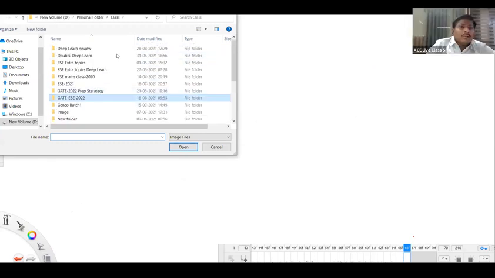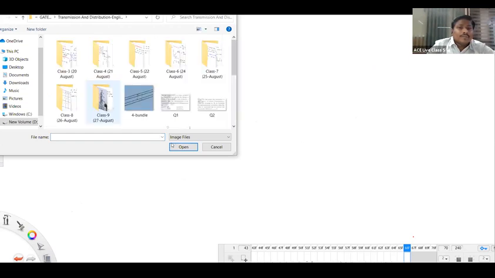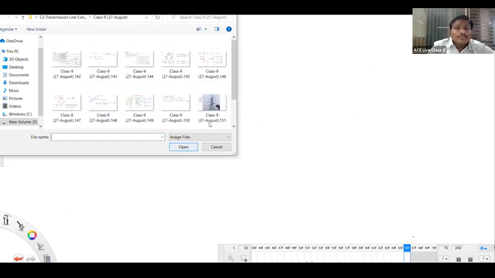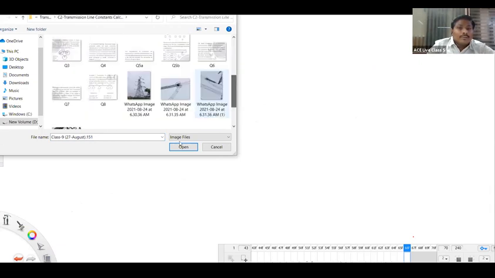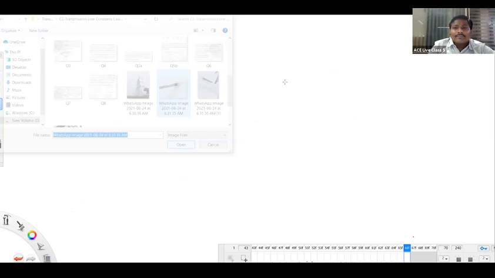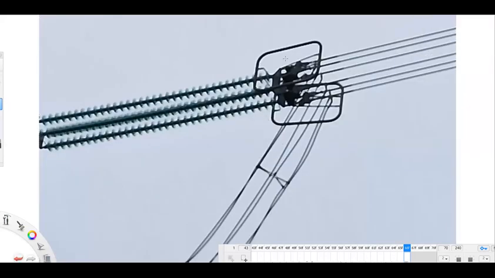We have shown one image in the beginning classes, right? One minute. You can see this ring here. That ring itself is a grading ring or a guard ring.